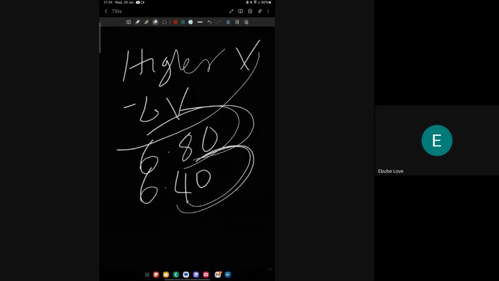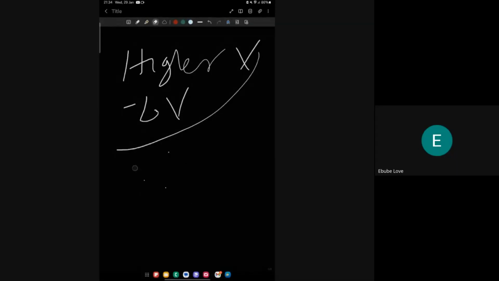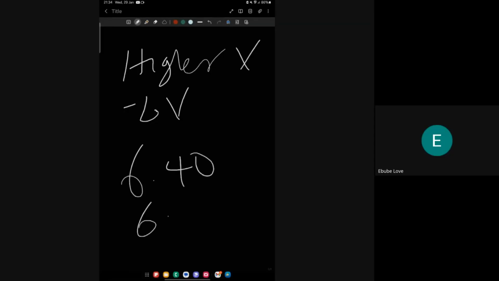But if you are buying, the lower value is your stop loss, right? So if you're buying from 60.40 and the lower value is 60.10, let's say that's our stop loss, all you have to do is subtract. You bring the higher value up and subtract from it.